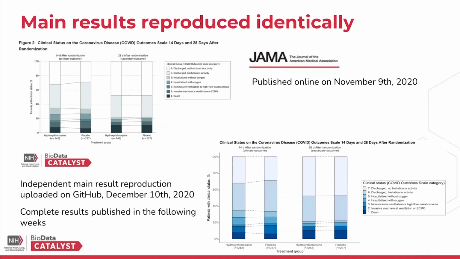These slides present the main results of the original work, published in JAMA. The top panel, this bar plot, is showing the differences in clinical outcome between the hydroxychloroquine treatment group and placebo group, and basically showing that at 14 days and 28 days, there were no significant differences.